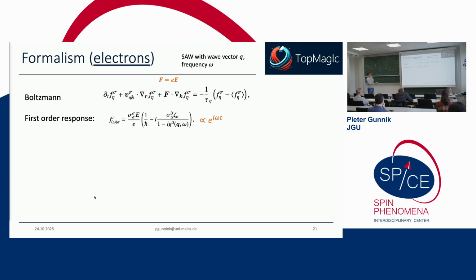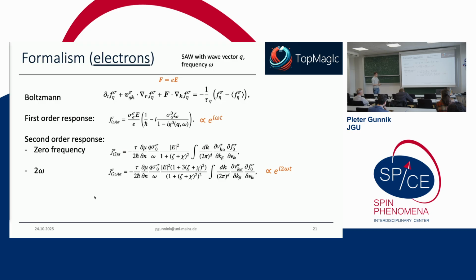So we can do all the standard Boltzmann type of theory with a first order response, which is going to go at this frequency omega of your surface acoustic wave, and then if you want a DC current, you can just look at the second order response. Of course, this will be second order in electric field, so it might be weaker, but it gives you a DC response and a 2 omega response.